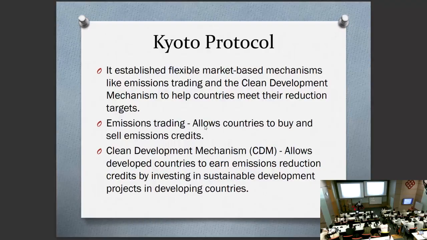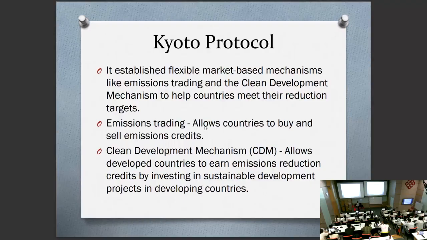And the Clean Development Mechanism, CDM, allows developed countries, maybe the US, maybe Canada, maybe Australia, to earn emissions reduction credits by investing in sustainable development projects in developing countries.